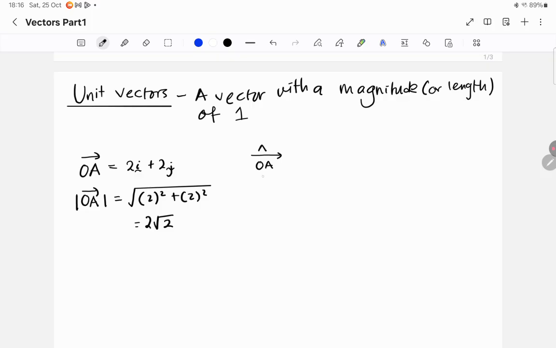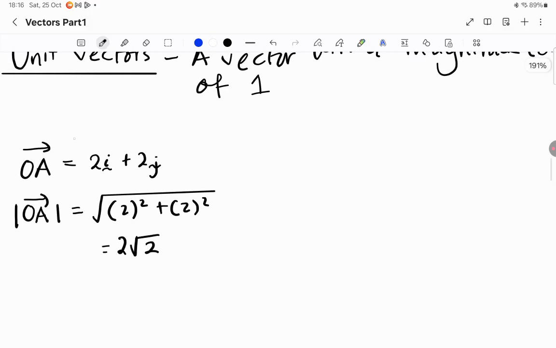Okay? I think this should be the right way, yeah. Or normally what we can do is substitute OA with a different letter, but give me a second. Normally we can write unit vectors in a form like this. So we can substitute OA with a smaller letter like a or b.